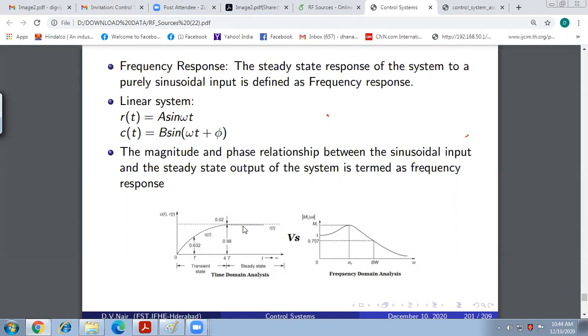So how will this part change when we change the frequency omega of the input signal?